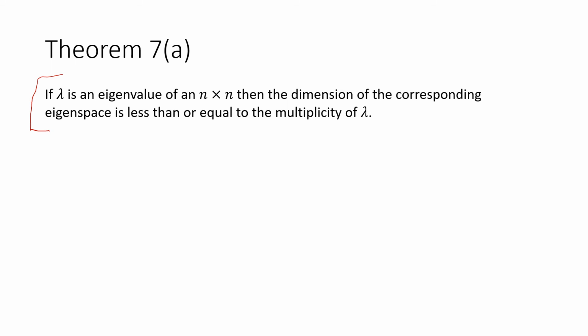This statement is actually an important statement when it comes to determining some of the properties of eigenvalues and eigenvectors. The eigenspace that you get has a dimension, and we've seen how to calculate the eigenspace. That dimension can be no more than the multiplicity.